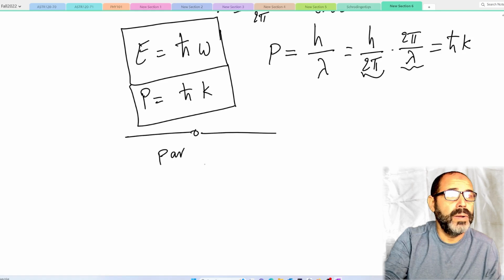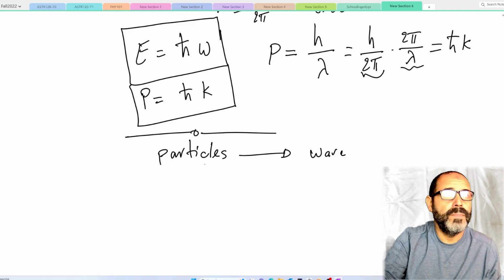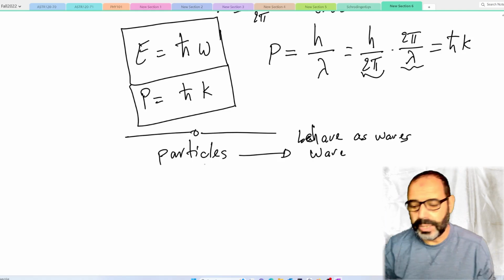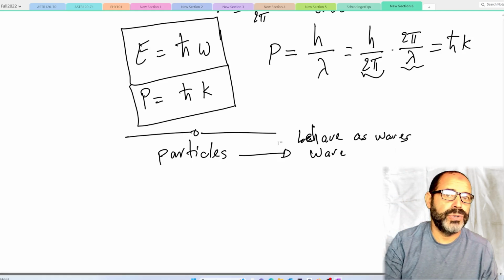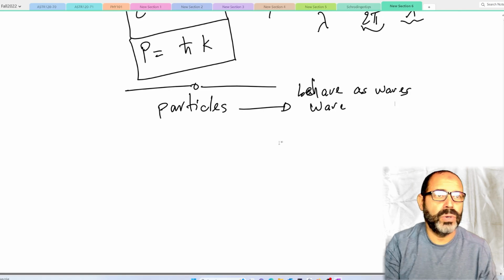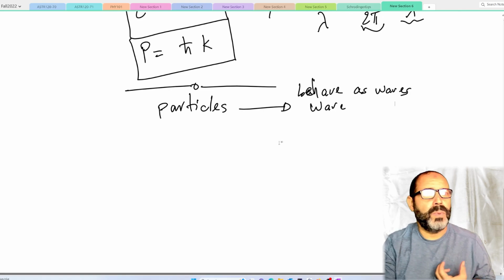Particles exhibit wave behavior, behave as waves. I mean, running an electron through a double slit experiment, you will see that electrons will interfere. So that is the point in here.